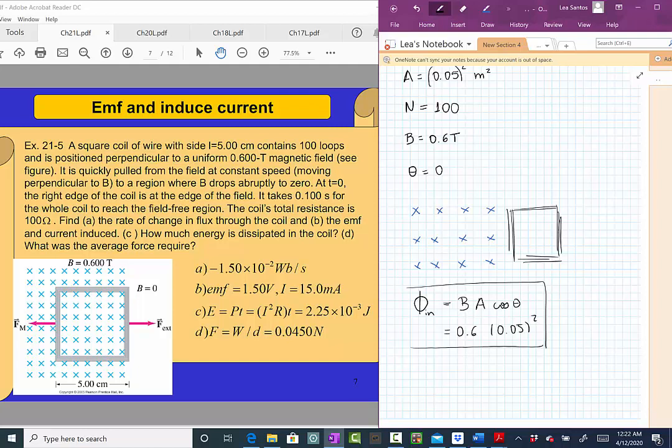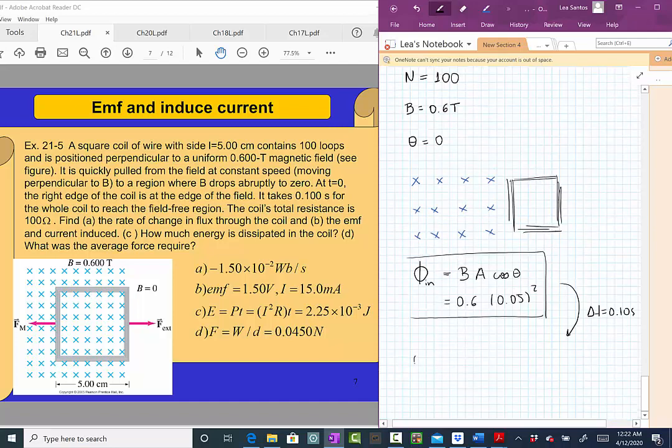Later, after 0.1 seconds, the coil is going to be outside the region of the field. So we are going to be in a region where there is no magnetic field. So no magnetic field, no flux, it's going to be 0. Very well, that's what we got just by reading the problem.